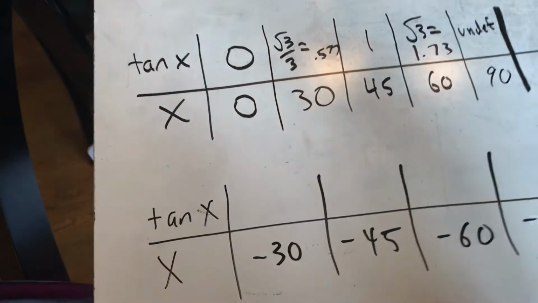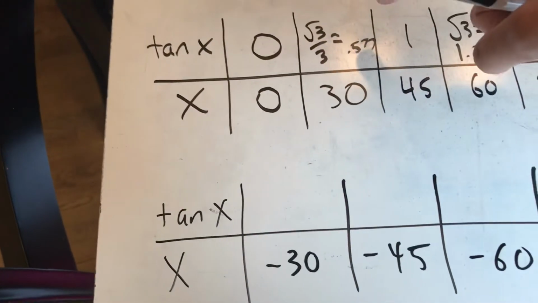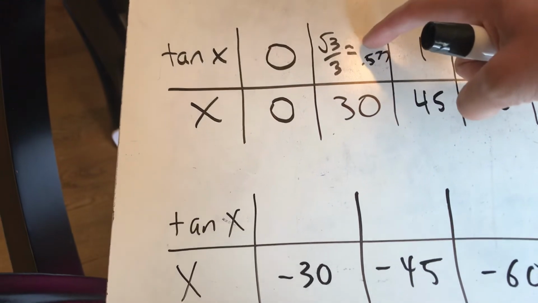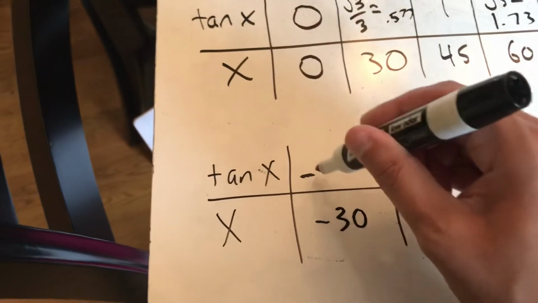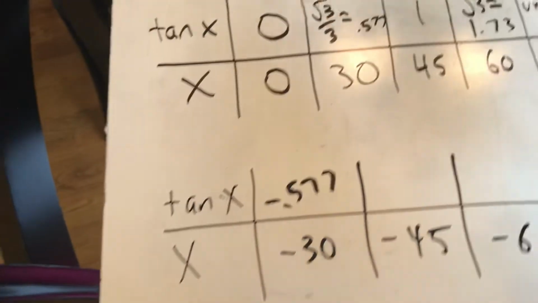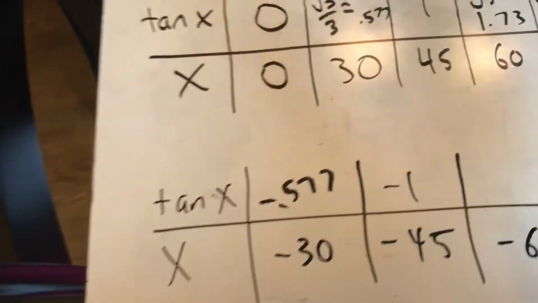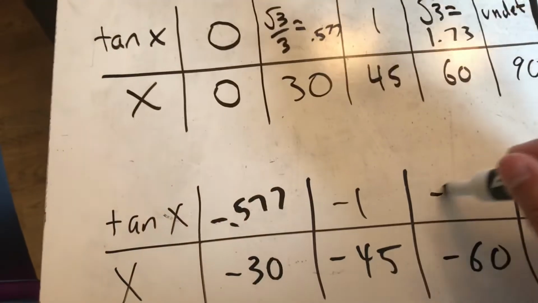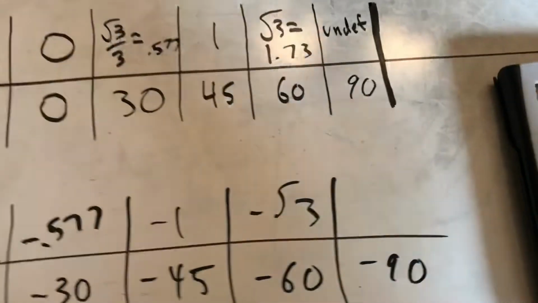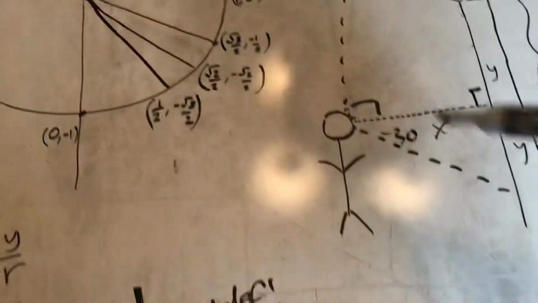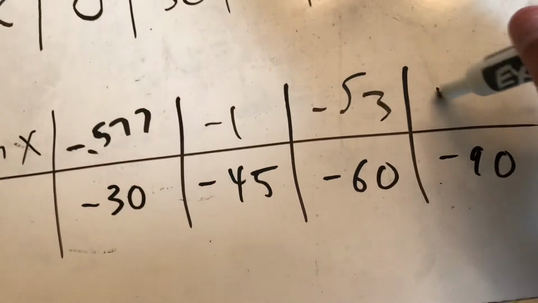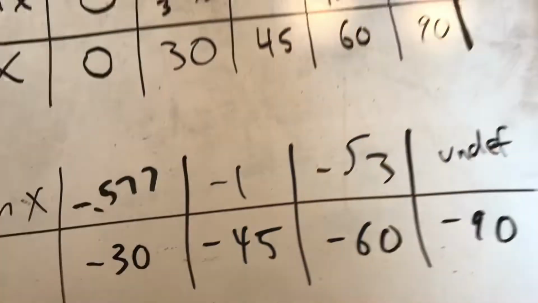So you'll get the same values, except you'll have negative, like basically your y would be negative here. It would be negative 0.577. It would be negative 1, okay? It would be negative radical 3. And negative 90, he would be looking straight down at the ground, and basically it would go on forever as well. Negative 90 is also going to be undefined, okay?